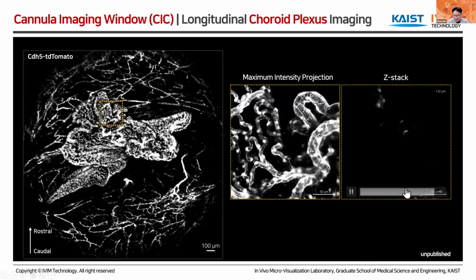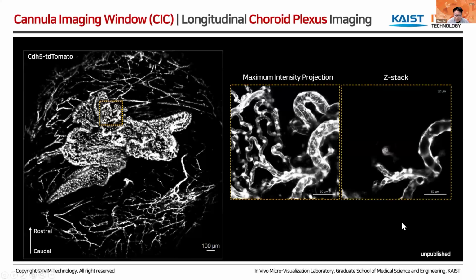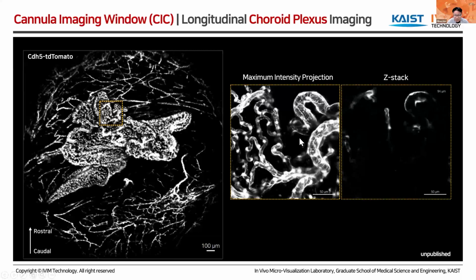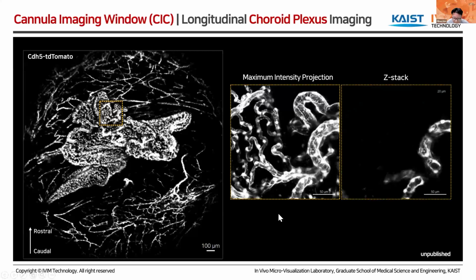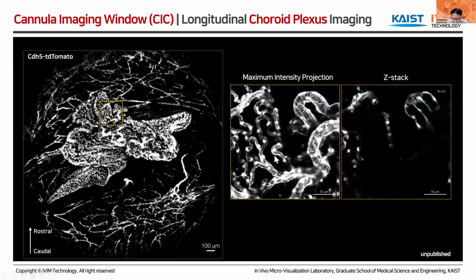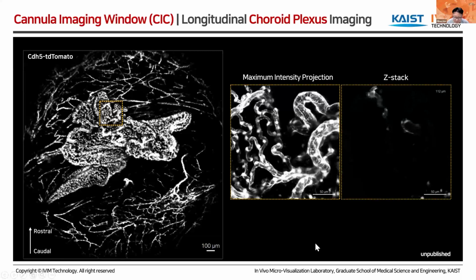On the right-hand side, these are the z-stack images obtained from this area, and this is the maximum intensity projection image. So we can further identify the individual vascular endothelial cells and the shape of the capillaries and venules inside the choroid plexus.